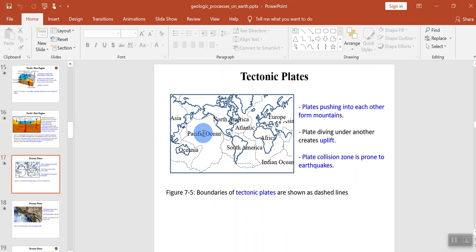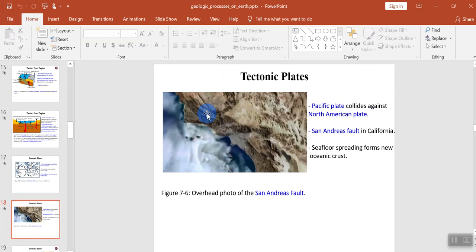I want to emphasize the Pacific plate and the North American plate. You see the west coast of the United States. So plates pushing into each other form mountains. This is the Rocky Mountains. Uplift. Plate collision zone is prone to earthquakes. San Andreas Fault, a lot of earthquakes, and there are volcanoes in the state of Washington and so on.